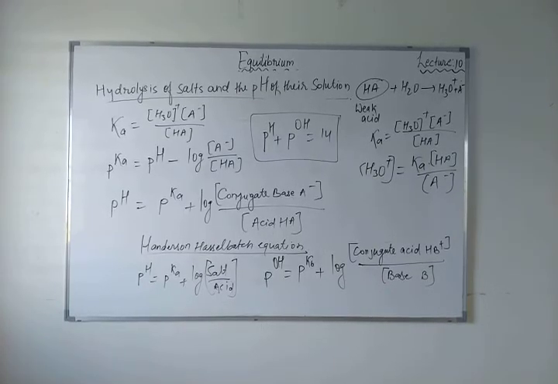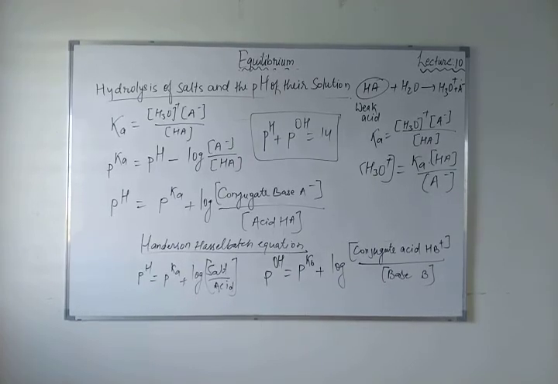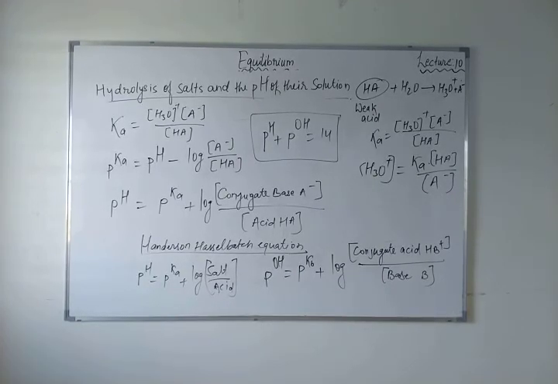Therefore, a buffer of pH close to 9.25 can be obtained by taking ammonium hydroxide solution and ammonium chloride solution at the same molar concentration, for the buffer solution formed by ammonium chloride and ammonium hydroxide.